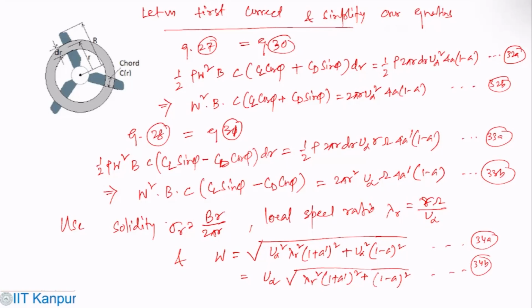So what we have, this is our triangle that we have. So this is W, this is P, so this is cos, this is sine.